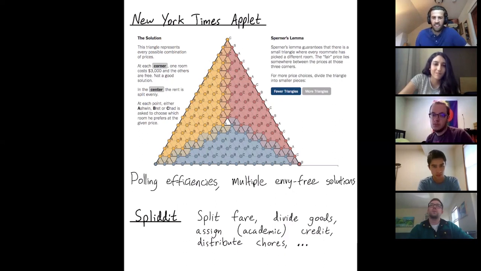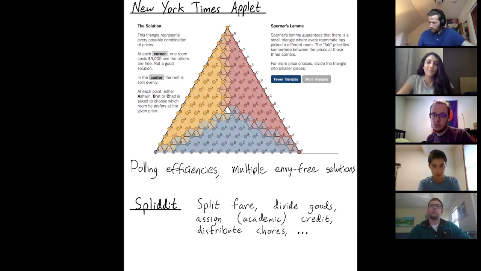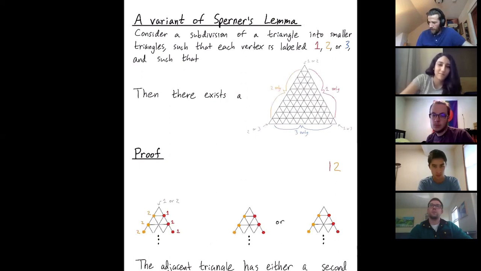Other questions, comments? Okay. Let me state a variant of Sperner's lemma, and then I'll try to see if I can state Sperner's actual lemma and see if I get that right as well. You'll recognize this variant because I've already described it.